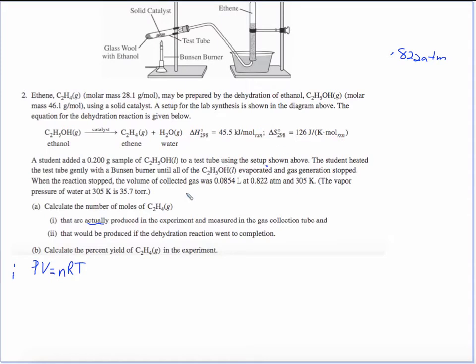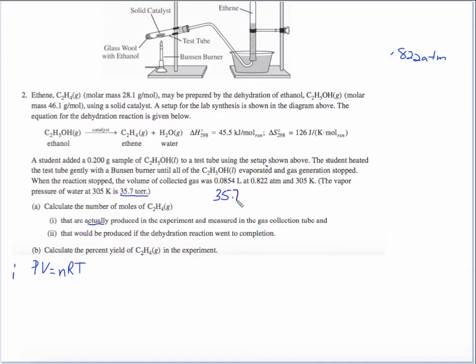The thing is, they're telling you that the vapor pressure of water is 35.7 torr. Well, the vapor pressure of water is in torr, and the pressure in the tube is in atmospheres. So you've got to change this torr to atmospheres first.